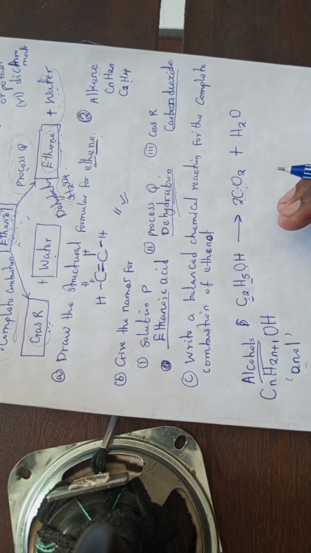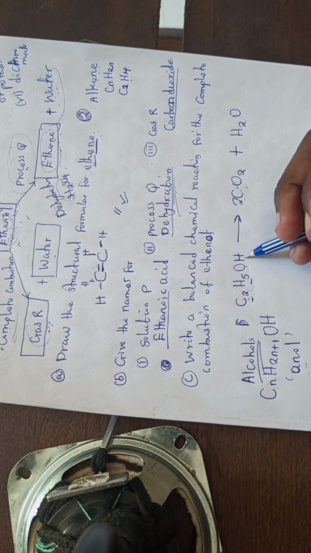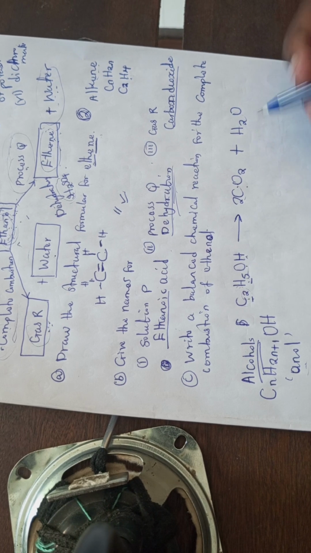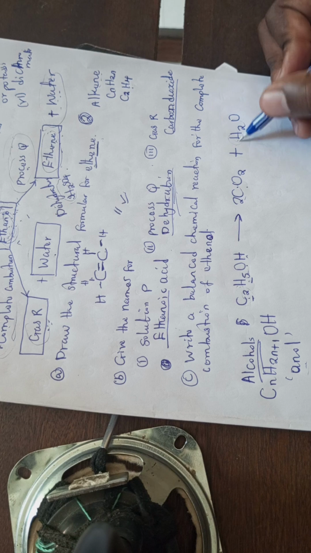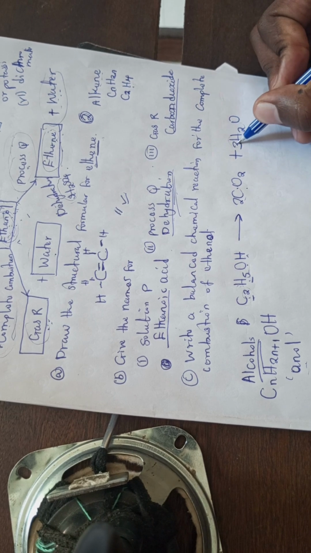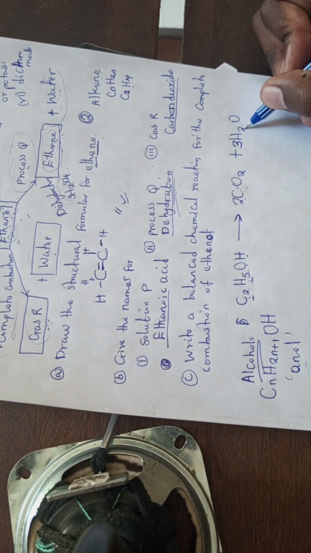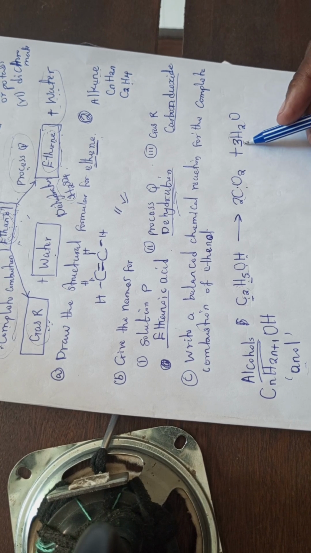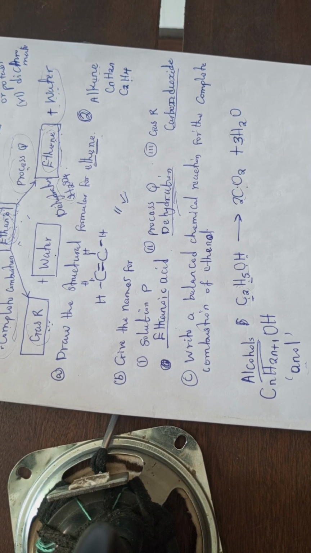We go for hydrogens. How many do we have here? It's 6, 5 plus this one, which is 6. What number can we put here to get 6? It's 3. Just like that.